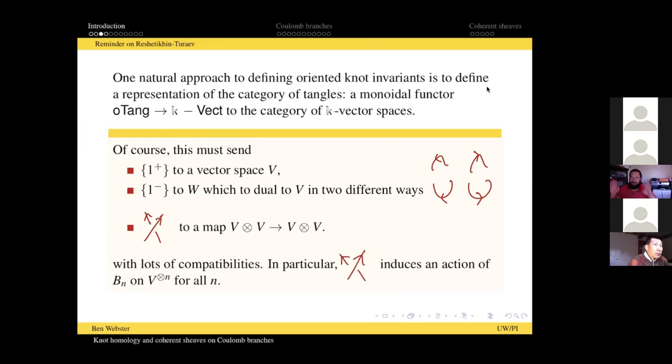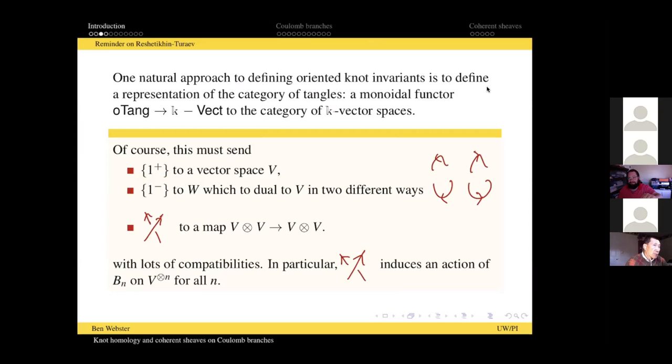Tangles have a monoidal structure from putting two tangles next to each other like this, and we map into the category of vector spaces with the usual monoidal structure under tensor product.